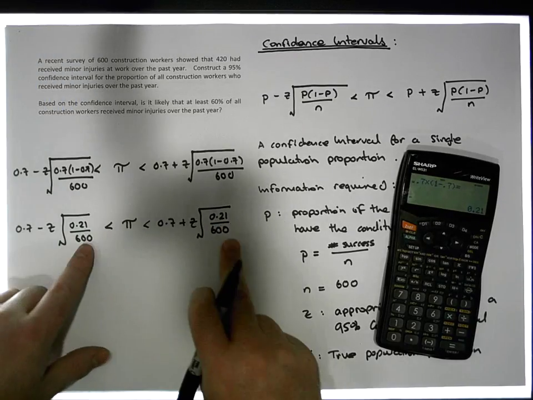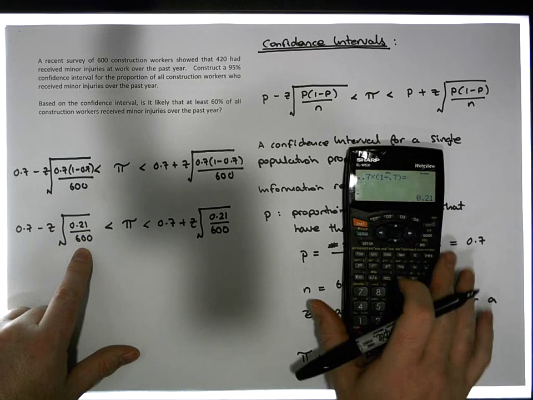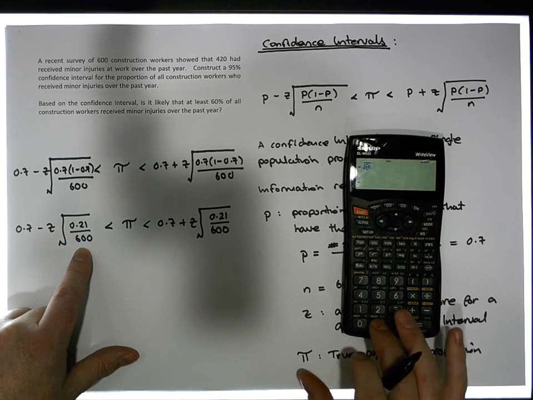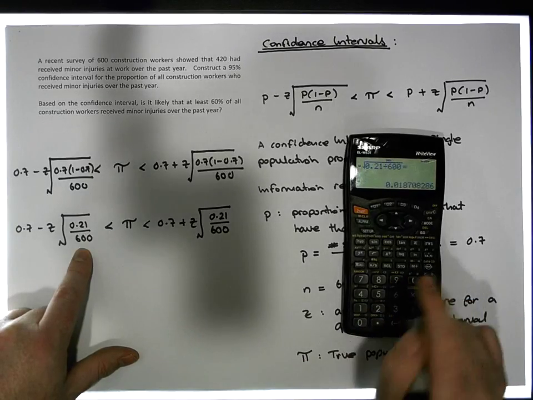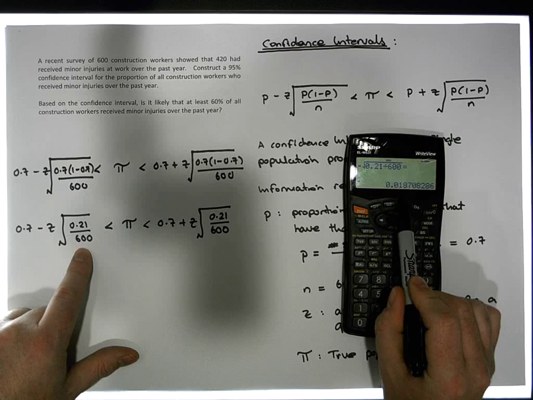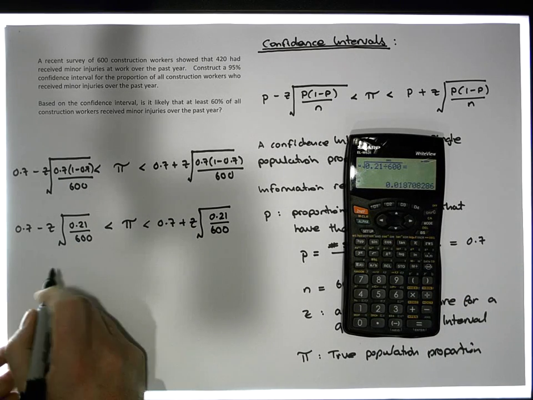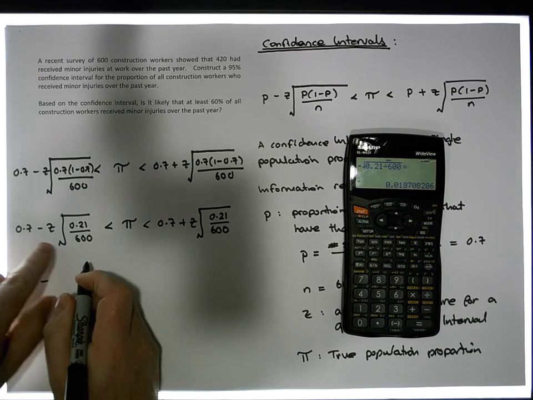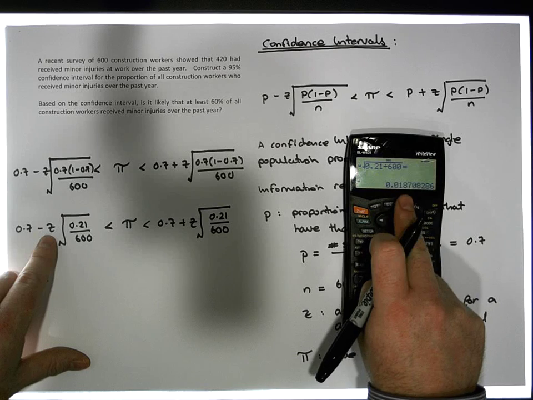So let's figure out what this factor is here, this square root of 0.21 divided by 600. So the square root of 0.21 divided by 600 gives us a value of 0.0187. So what we know now is that the true population proportion must be 0.7 minus z times this number, which is the same as, well, a times b is the same as b times a.